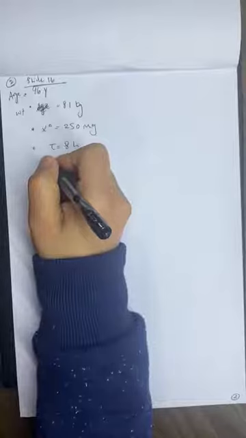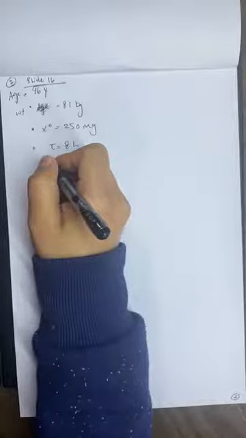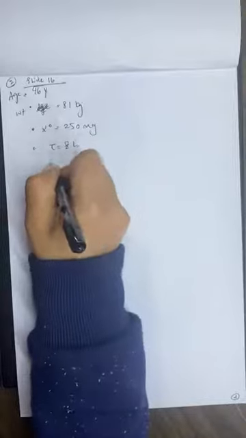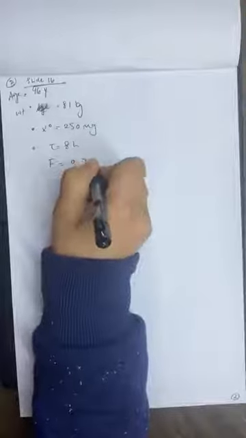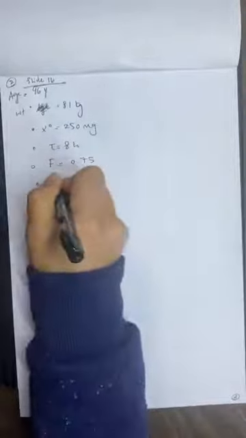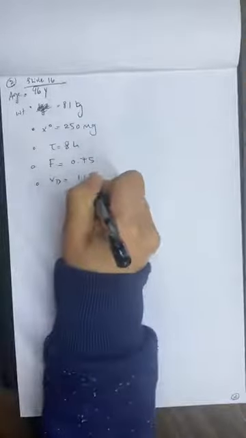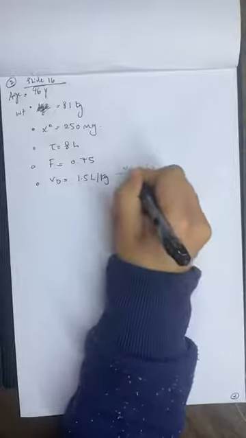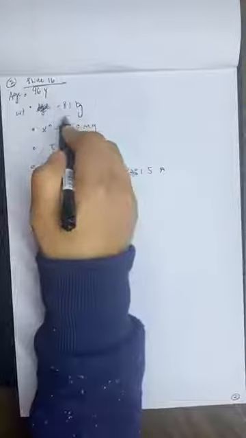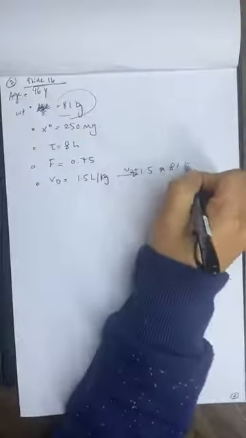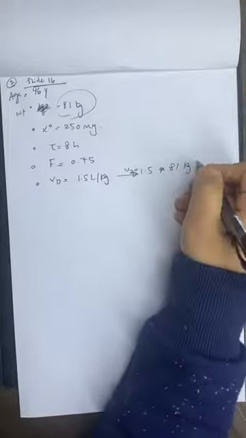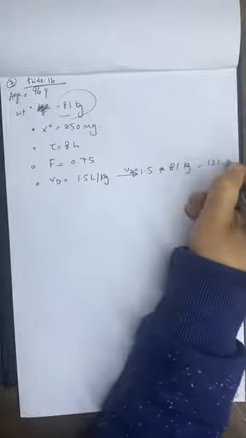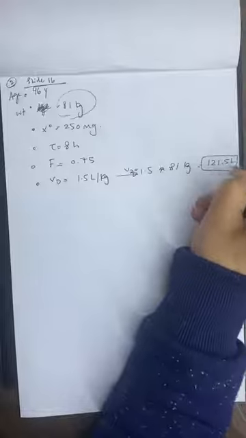From the literature, tetracycline hydrochloride is about 75% bioavailable, so F is equal to 0.75, and VD equals 1.5 liter per kg, which means 1.5 multiplied by 81 kg, which is about 121.5 liter.